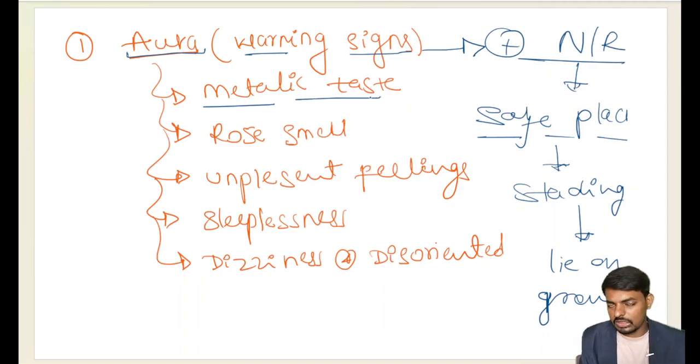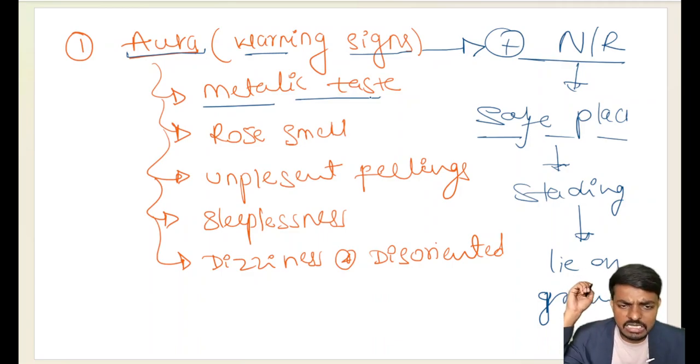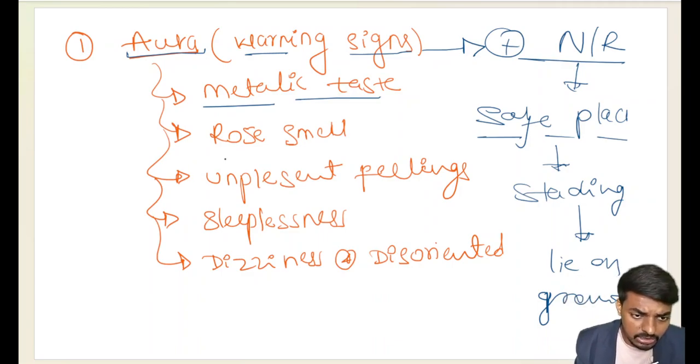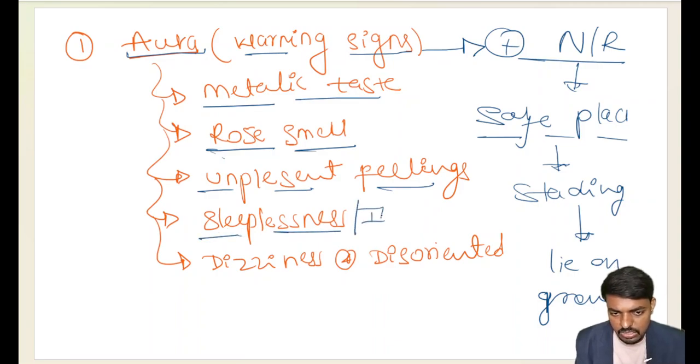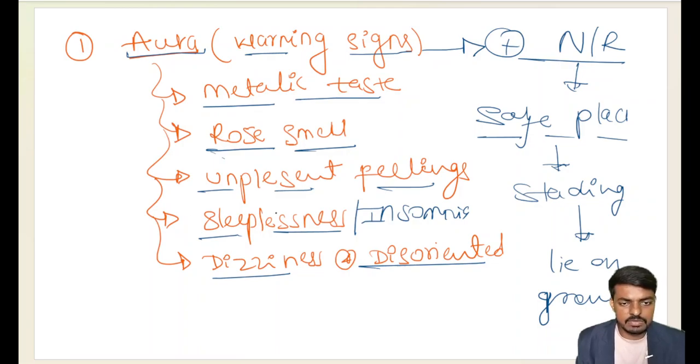He will tell, without eating anything, that there is a metallic kind of taste in his mouth. Without any roses in the surroundings, the patient may say, I am getting some rose smell, some mogra smell, and there are unpleasant feelings. The patient may have sleeplessness or insomnia, dizziness, and disorientation. These signs and symptoms indicate the possibility of the occurrence of a seizure.